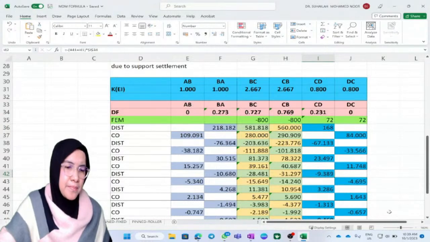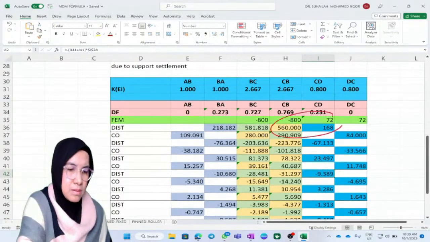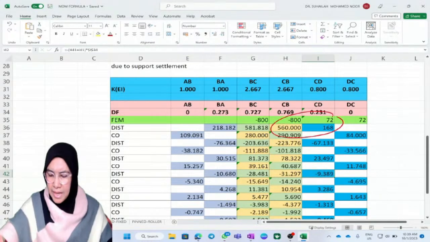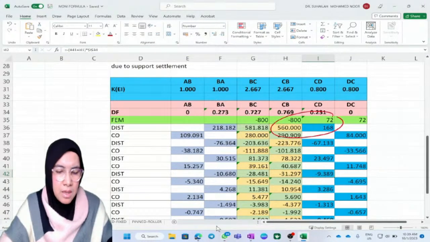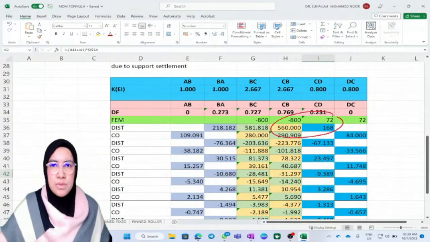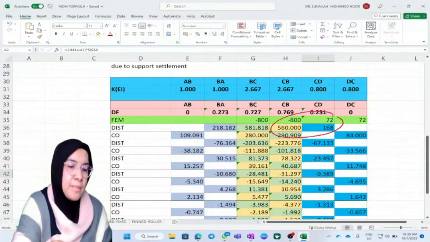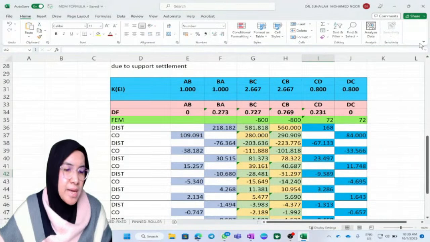Okay, this one is correct. It is negative 800 plus 72 plus 560 plus 168, we get 0. We have to make sure that total must equal 0.